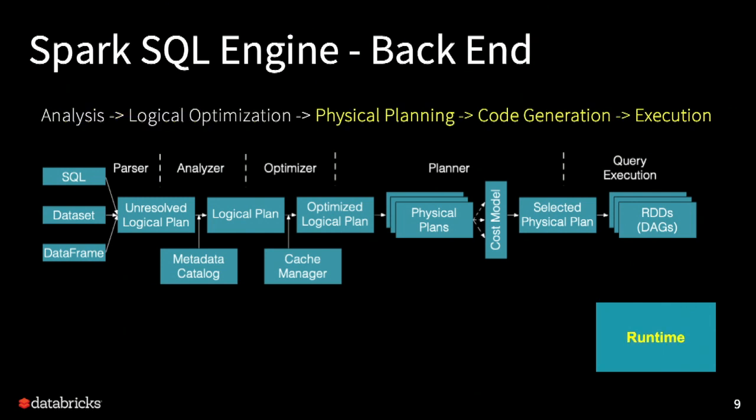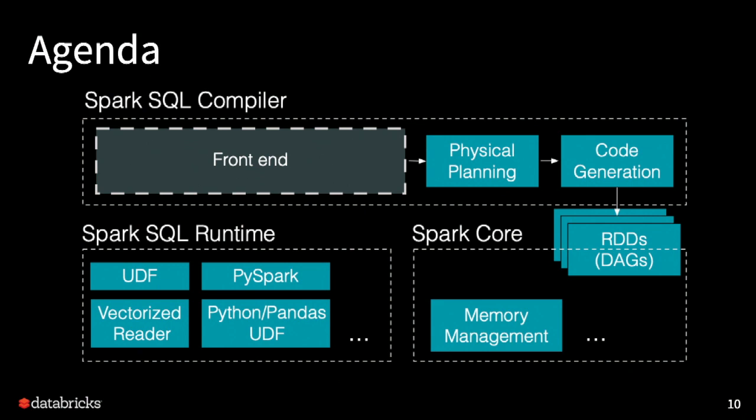But today our focus will be on the back end of this engine, which deals with physical planning, code generation, as well as the execution part. We'll also cover some specific topics about execution, like task memory management, UDF execution, PySpark, vectorization, and so forth.